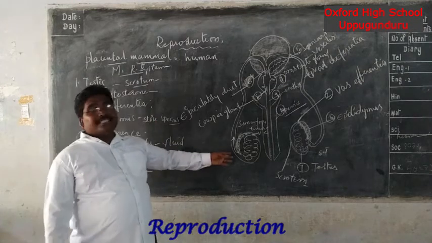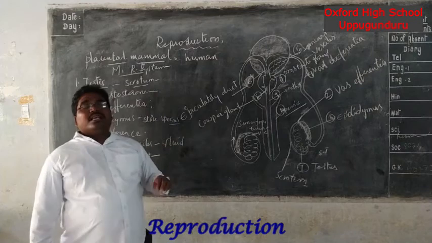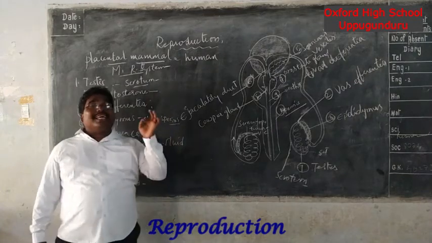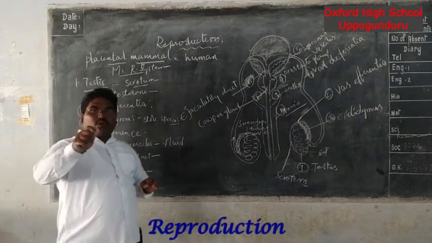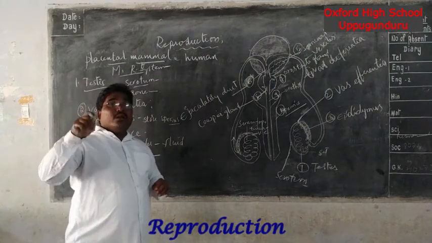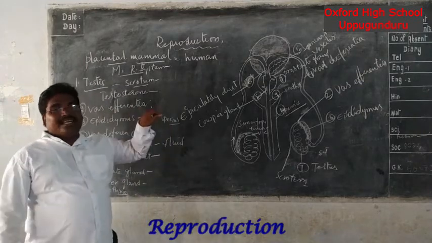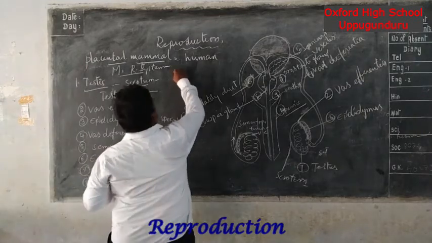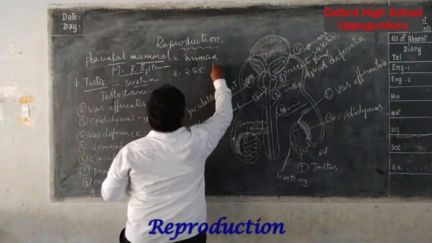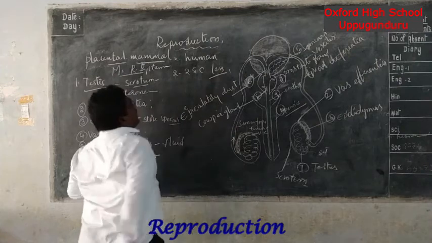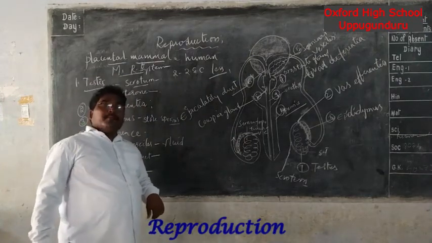The testes also produce the male hormone testosterone. The scrotum maintains the temperature of the testes 2 to 2.5 degrees Celsius less than body temperature, because temperature is very important for the production of sperms.